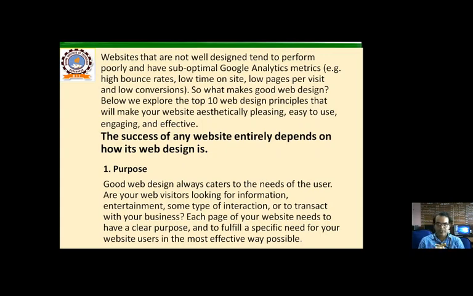So each page of a website needs to have a very clear purpose and fulfill a specific need of your website. If there is an e-commerce website, then there should be a section for each, like a kids section, a men's section and a women's section.